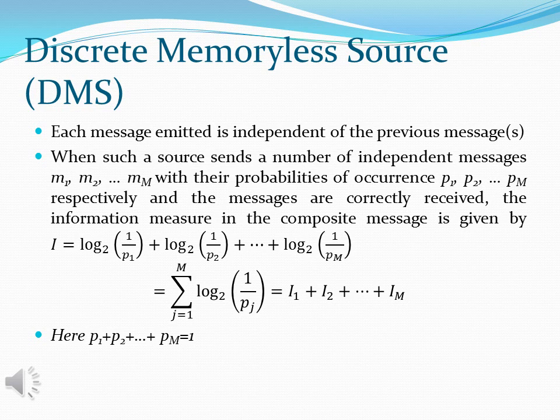The information measured in the composite message is given by log base 2 1 by P1 plus log base 2 1 by P2 plus, like this we will go on adding, and finally the information comes out to be I1 plus I2 plus IM. Now we have to keep in mind that since they are all probability distributions, all the probabilities will sum up ultimately to 1.